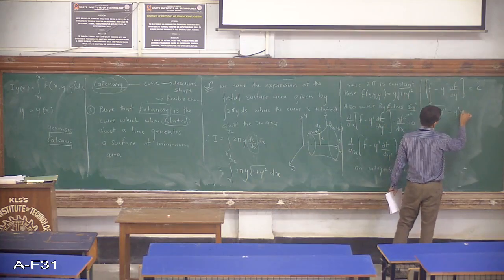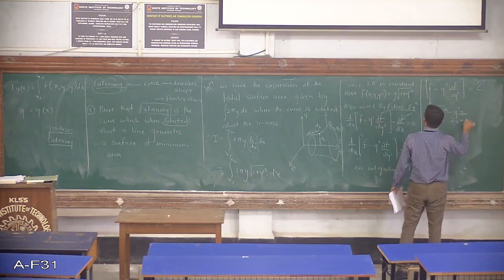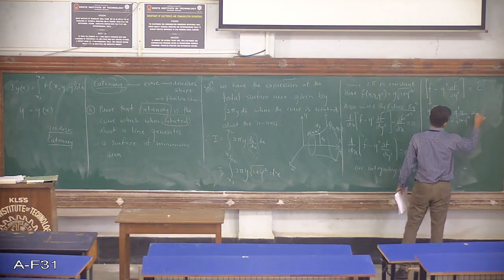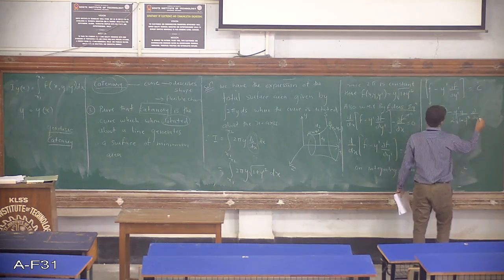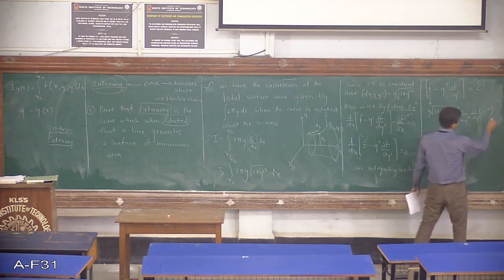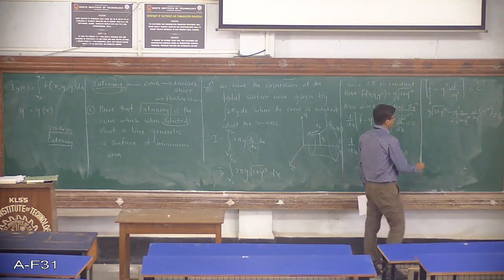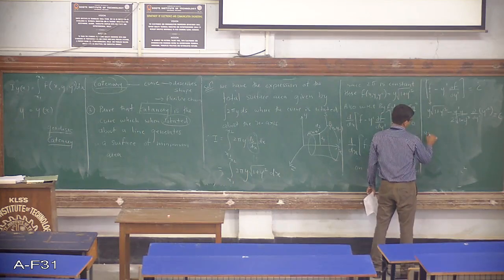So this turns out to be y divided by 2 root 1 plus y prime square into ∂/∂y prime of y1 square, which is equal to c, a composite function over there. Then this is y square root of 1 plus y1 square.